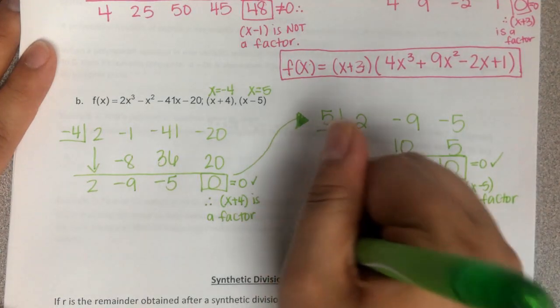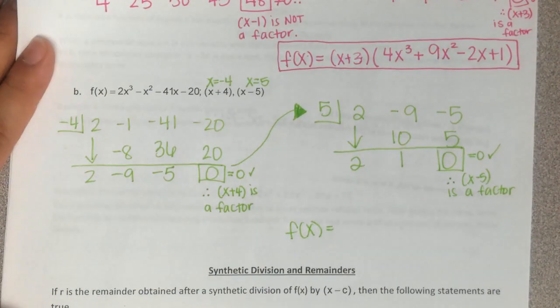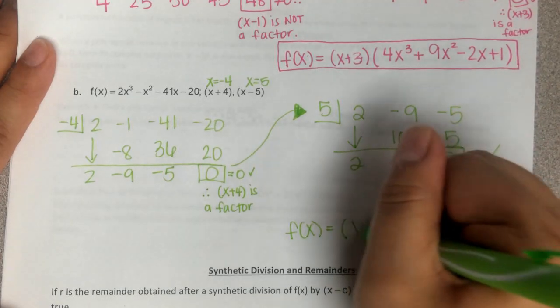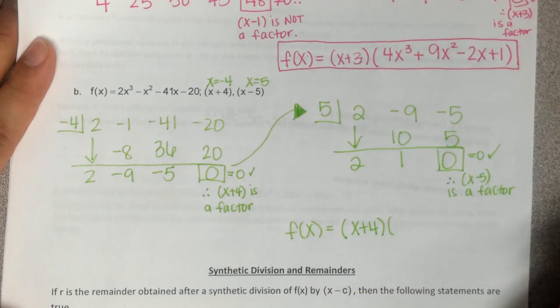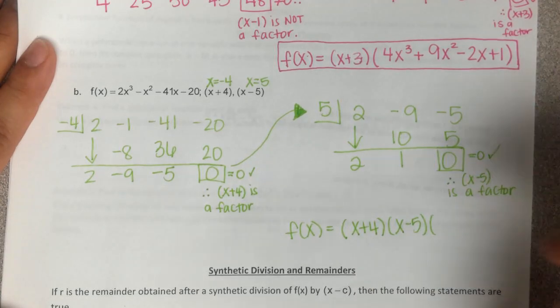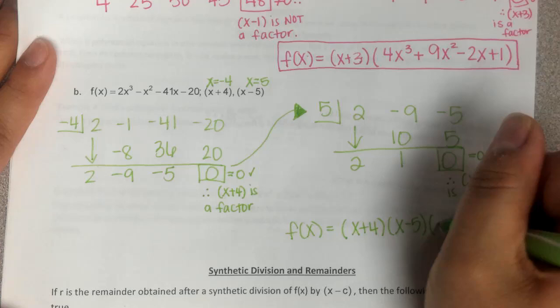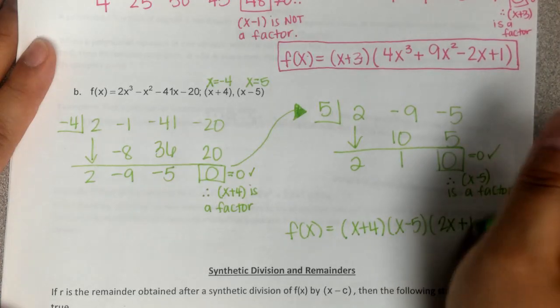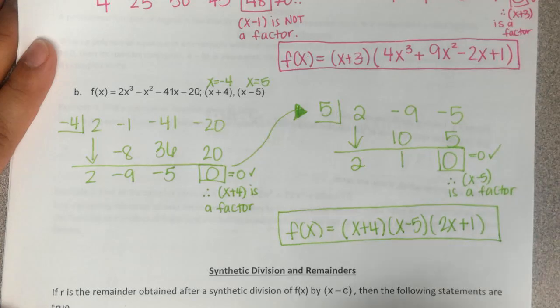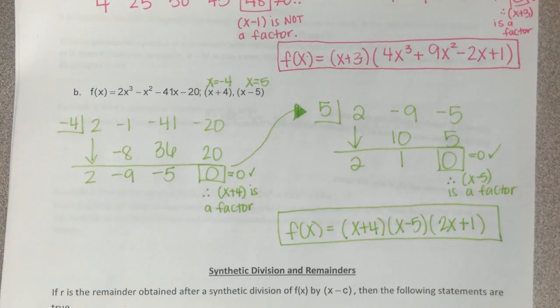What does f of x equal? What are my factors? X plus 4, x minus 5, and then what's left? What's the final depressed polynomial? 2x plus 1, and it factored it all the way for you. So that's why we like using the depressed polynomial.